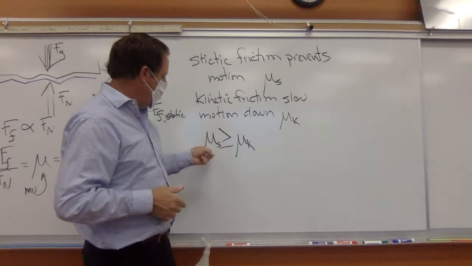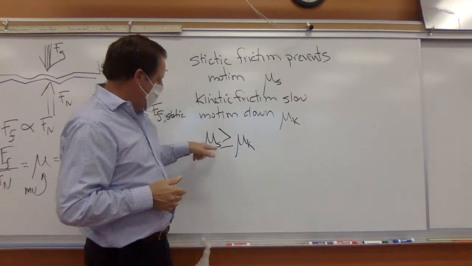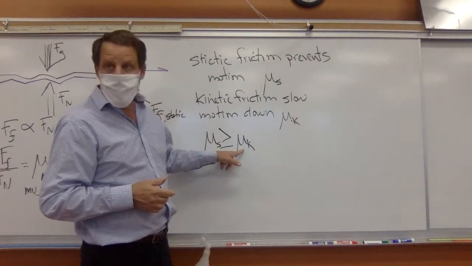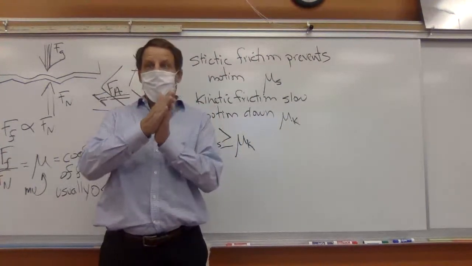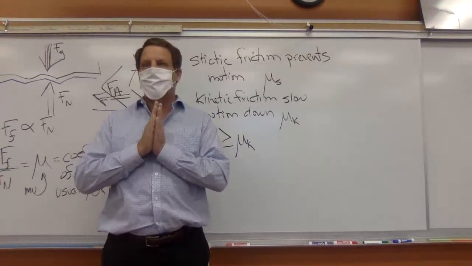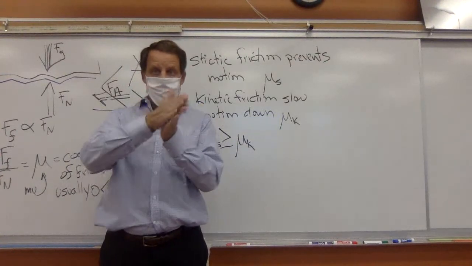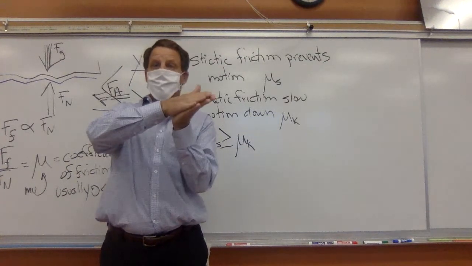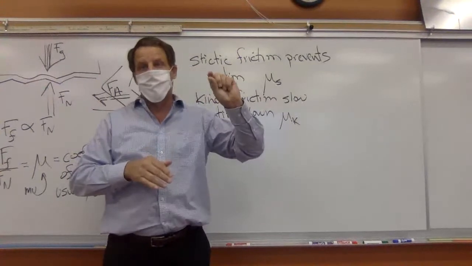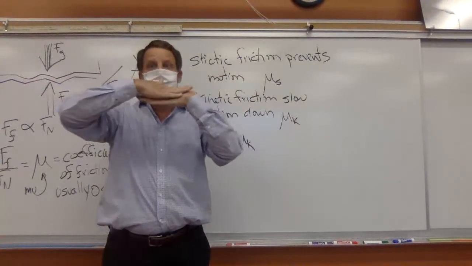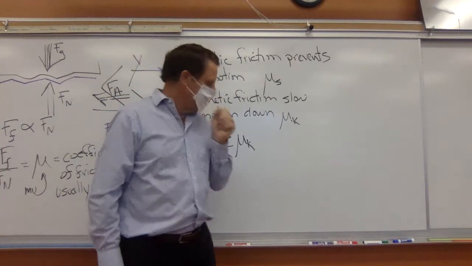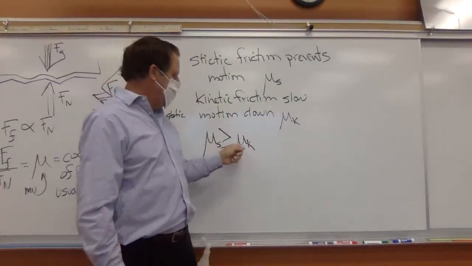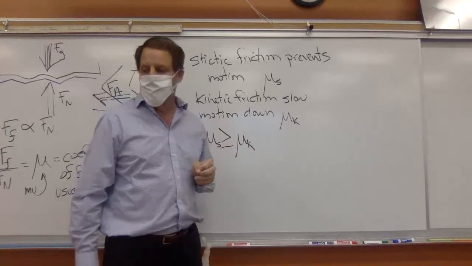So there can be a situation where the static friction and the kinetic friction are actually equal. And that's very often when there is a lubricant, like between steel and steel. If we have a lubricant in there that allows them to slide pretty easily back and forth, then the static friction can equal the kinetic friction.